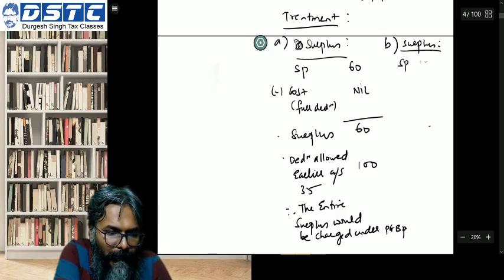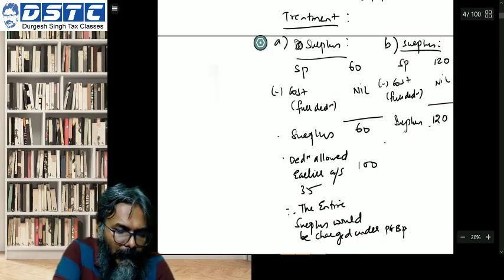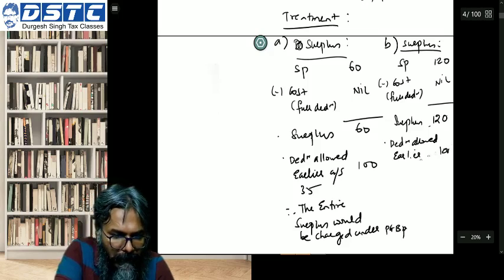In point B, surplus is selling price 120 less cost. Because of the full deduction, the cost has become nil, so the surplus is 120. The deduction allowed earlier was 100.